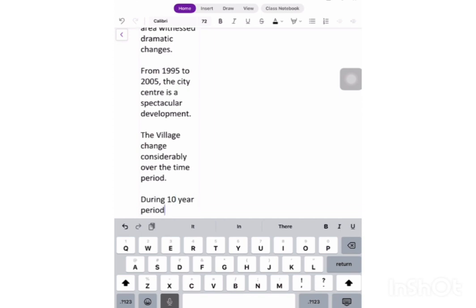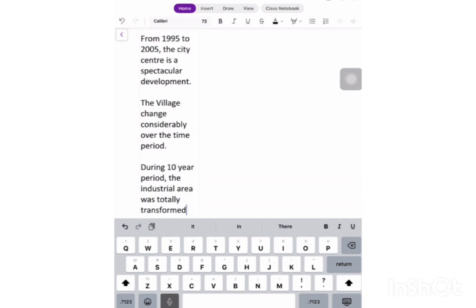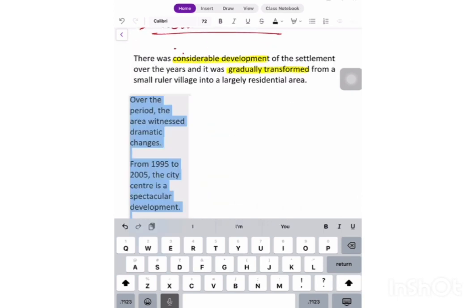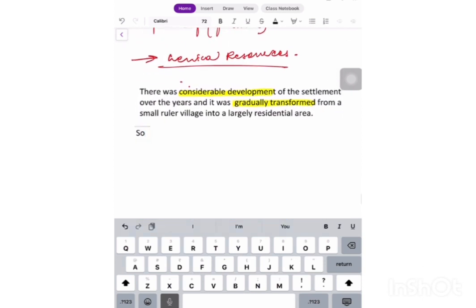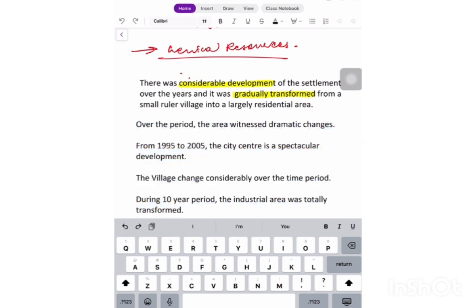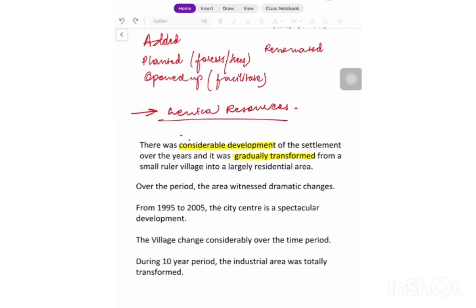तो हमने इससे क्या क्या सीखा? यहाँ पर हमने सीखा कि हम लिख सकते हैं considerable development, हम लिख सकते हैं gradually transformed, हम लिख सकते हैं over the period, universally, हम लिख सकते हैं witnessed dramatic change, हम लिख सकते हैं spectacular development, हम लिख सकते हैं changed considerably, हम लिख सकते हैं totally transformed.